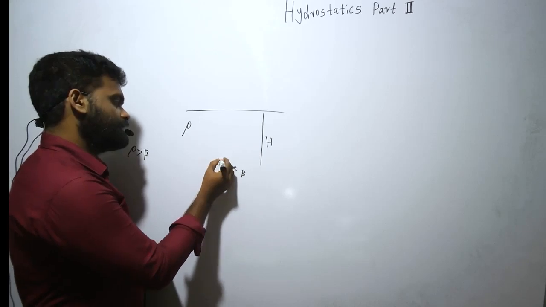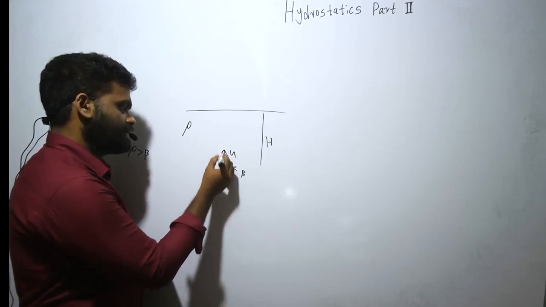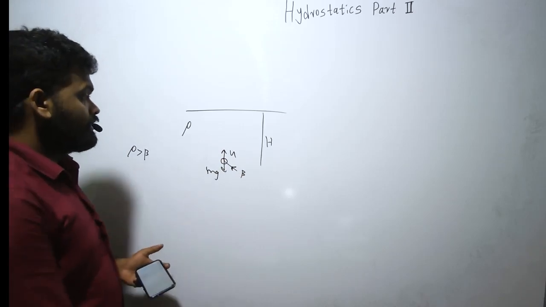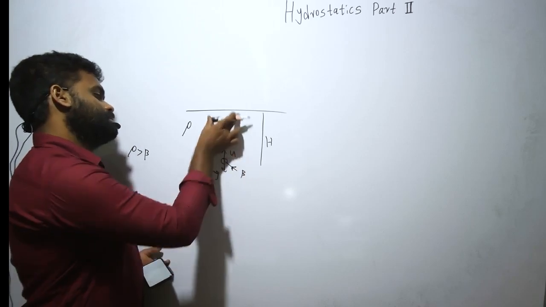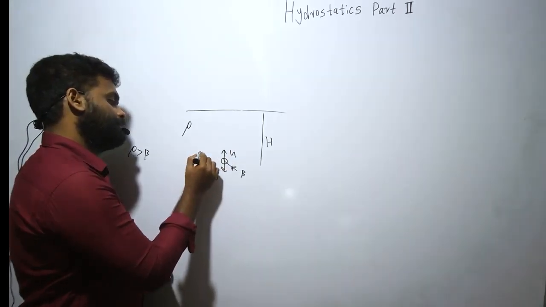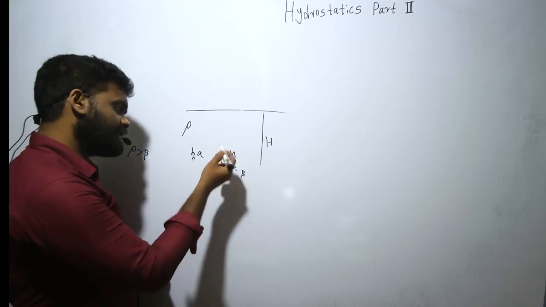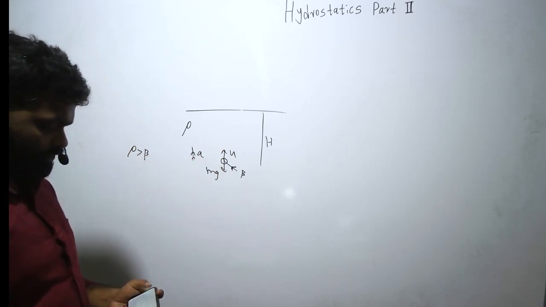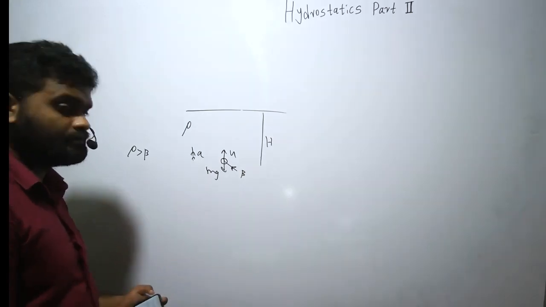Okay, so what happens here? Upthrust. So these are the forces acting on this object: upthrust, minus mg, and mg, right? So what happens is this upthrust is larger. That's why it starts to move upwards, right? Let's say the acceleration is simply a. It starts at rest. So you have to include all these in terms of the given values, right?